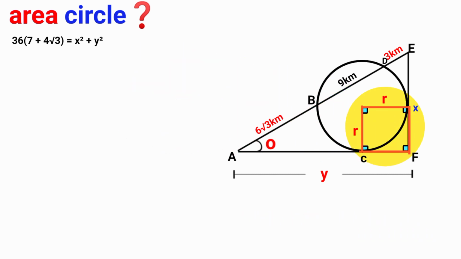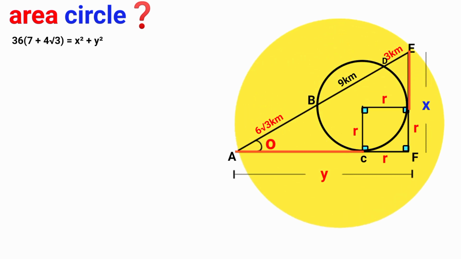Now since all the angles of the quadrilateral are right angles, and we have this side perpendicular and equal to this side, the quadrilateral is a square. We know all the sides of a square are equal in length. That is, this side and this side are equal. So since the length is r, this must also be r.